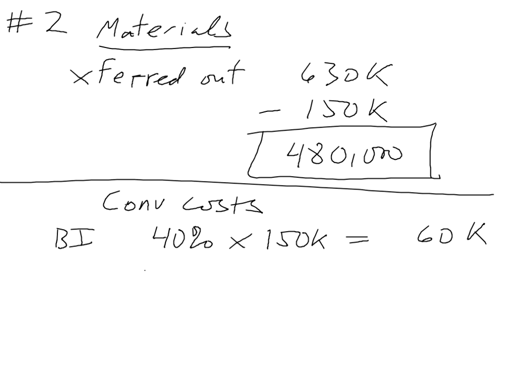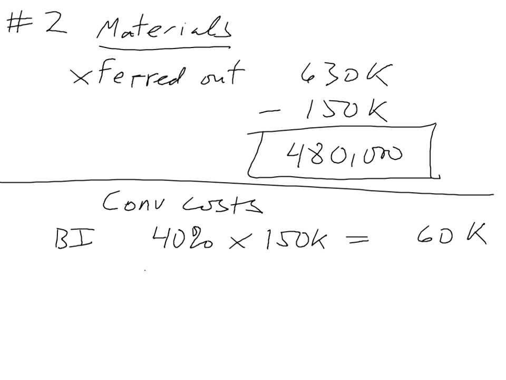Now, we also know that we started and completed 480,000 units. So how do we know that we started and completed 480,000 units in this period?